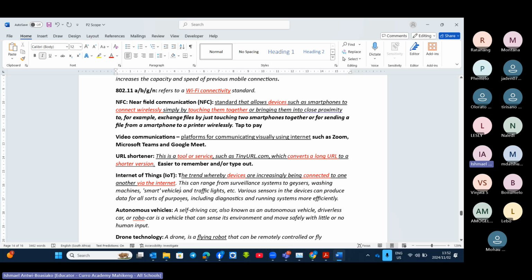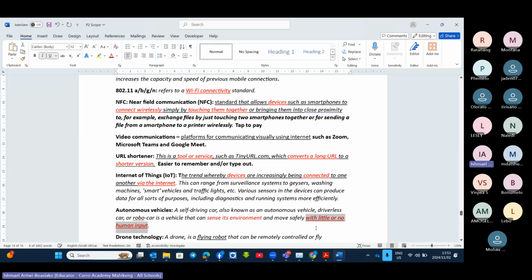And we also have the autonomous vehicles, which sometimes we call self-driving cars, or driverless cars, which is a vehicle that can sense its environment. They have a sensor that senses its environment without or with little or no human input.